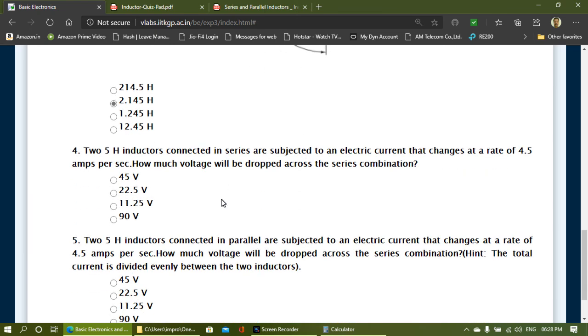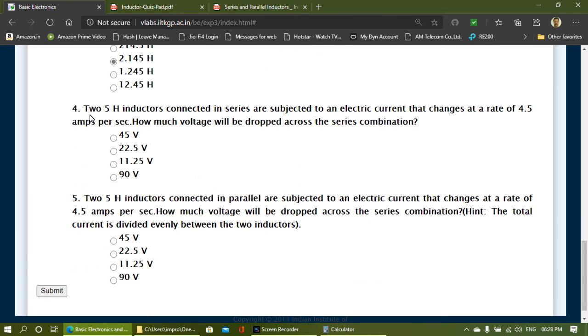Now the problem number 4, where two 5 millihenry inductors in series are subject to an electric current that changes at a rate of 4.5 amps per second.